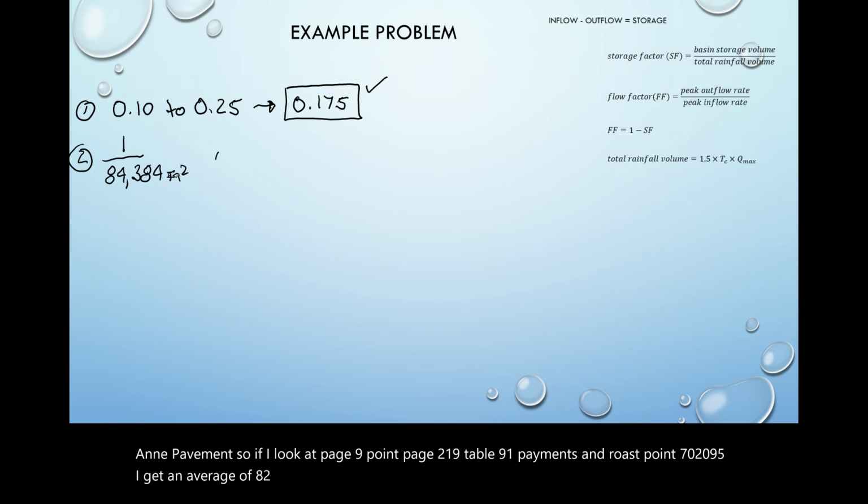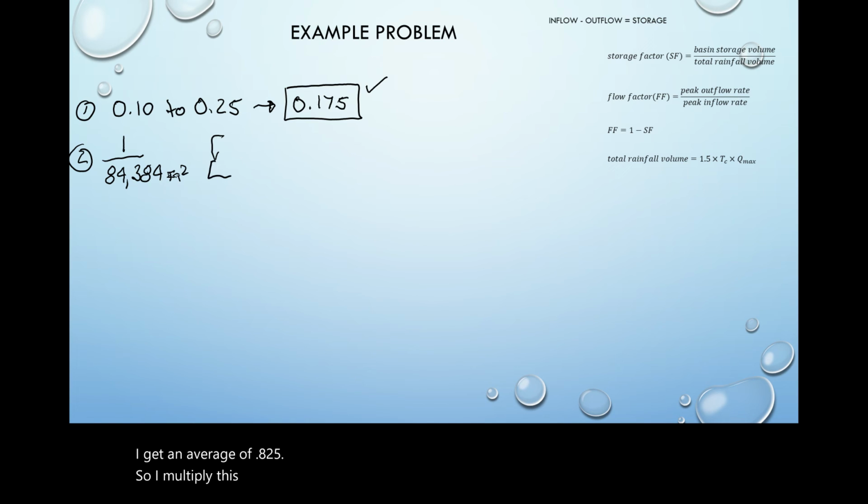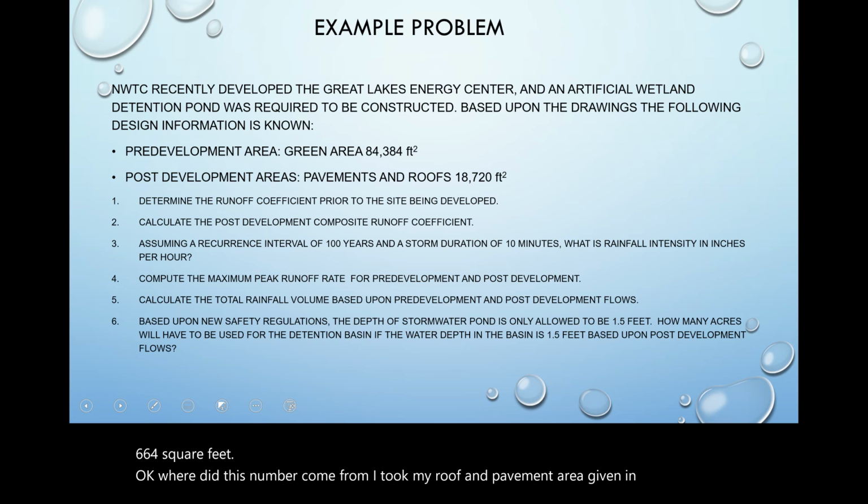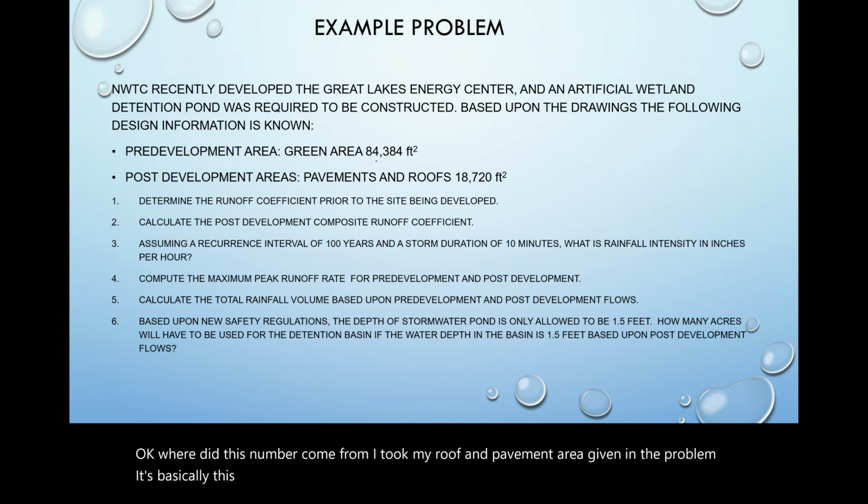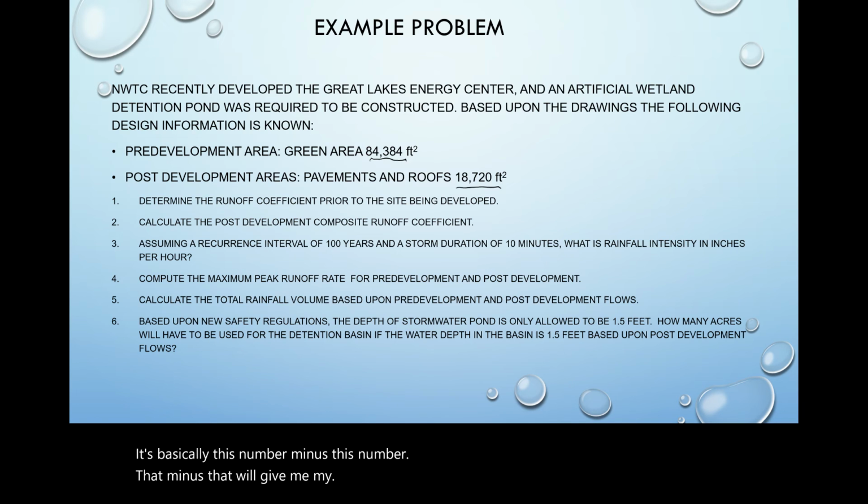So I multiply 0.175, that's my green area average coefficient, times 65,664 square feet. Where did this number come from? I took my roof and pavement area given in the problem. It's basically this number minus this number. That minus that gives me my net green area.